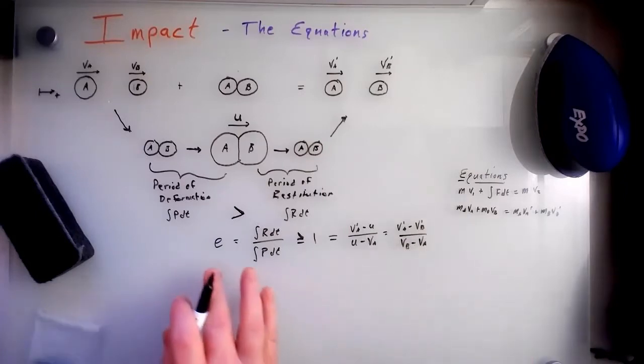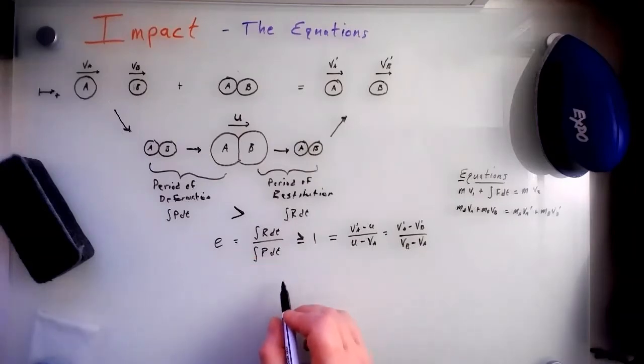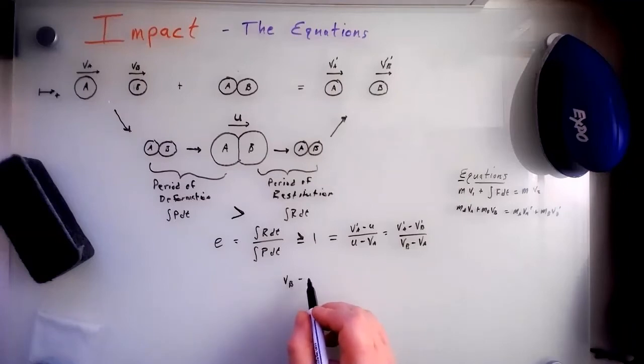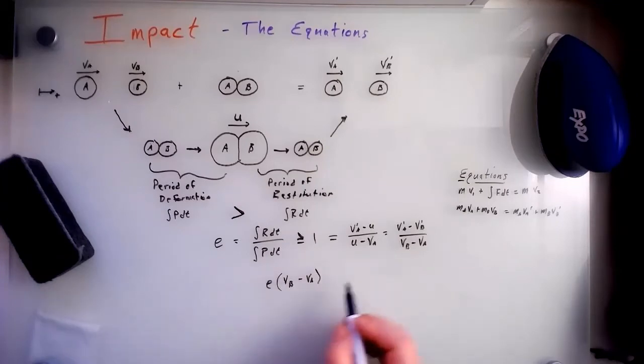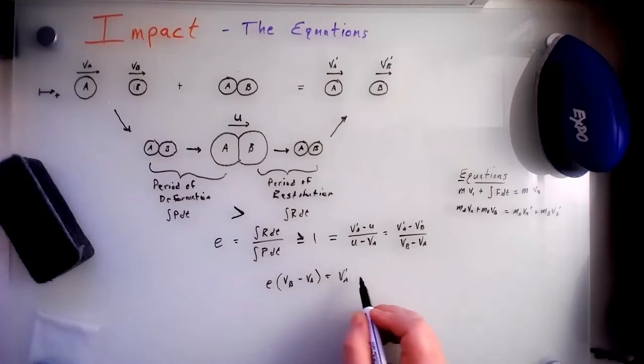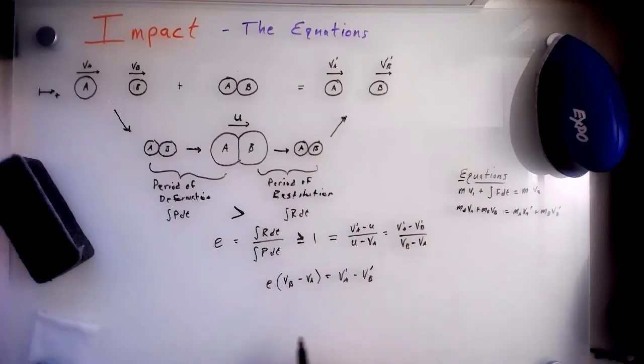And the way that we commonly write this is VB minus VA times the coefficient of restitution is equal to V prime A minus V prime B, which is another relation that we need. And so this is our second equation.